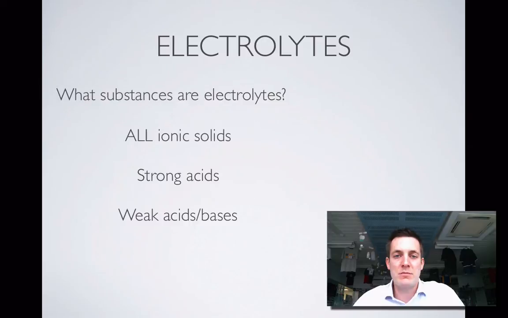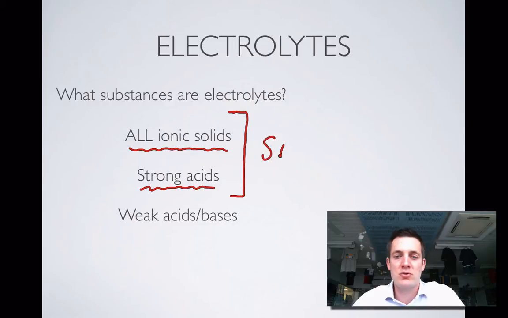Now, that doesn't mean it has to be ionic, but as it happens, all ionic solids are considered electrolytes, and so are all strong acids, even though they're not ionic. They're actually covalent, but when you put them into water, they break up into ions. And we ought to be able to remember that all these substances are classed as strong electrolytes.